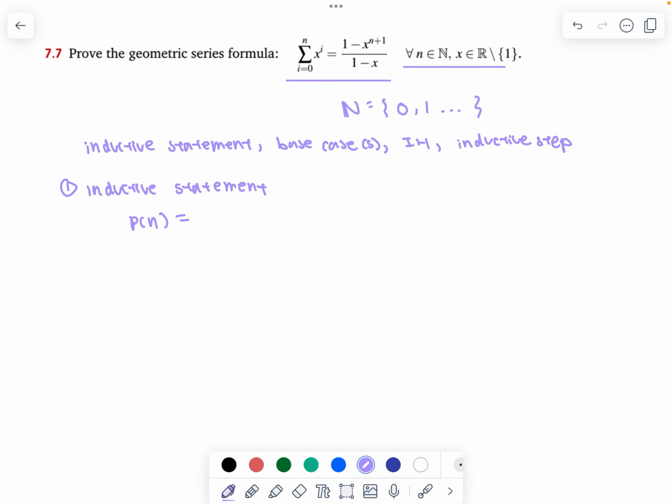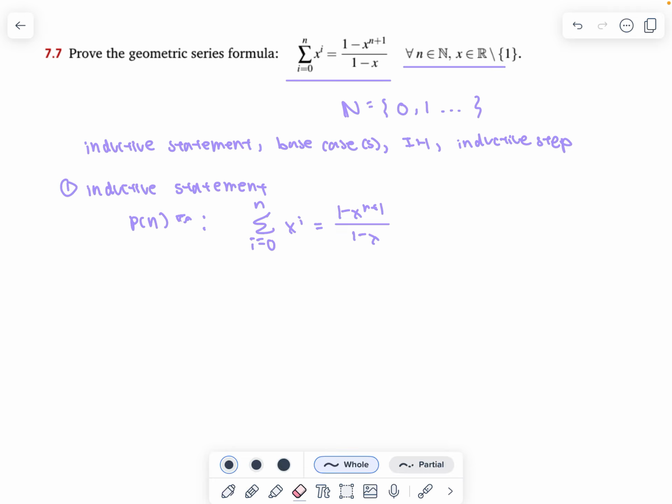So in this case, or in most cases, we can take our inductive statement directly from our problem description. In this case, we have P of n, or maybe colon would be better here, is our geometric series formula. Because again, this is exactly what we're trying to prove for each n.